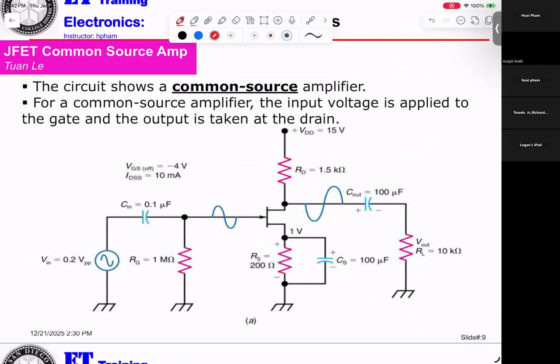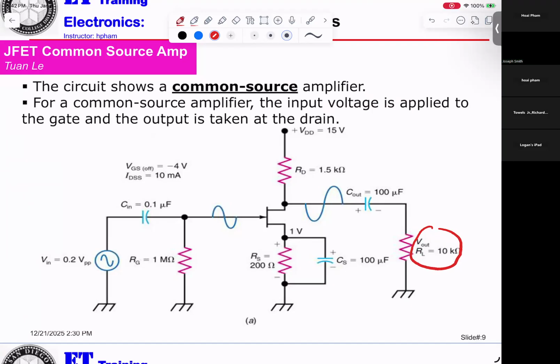Okay, now, there's a little more to the common source. They're adding a load. And for the DC, what is the type of the DC biasing? Fixed bias, self bias, voltage divider bias.